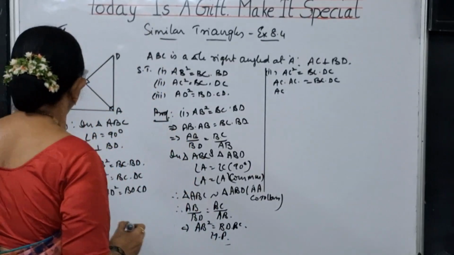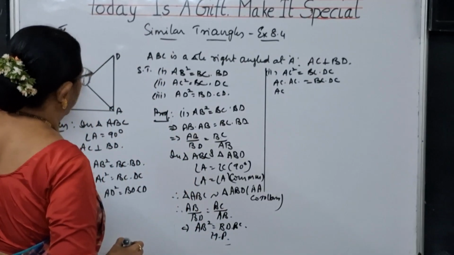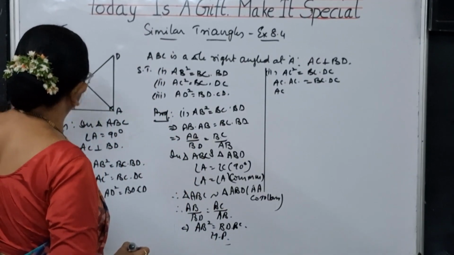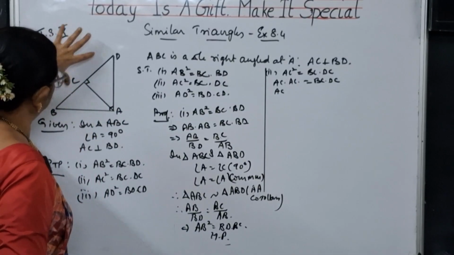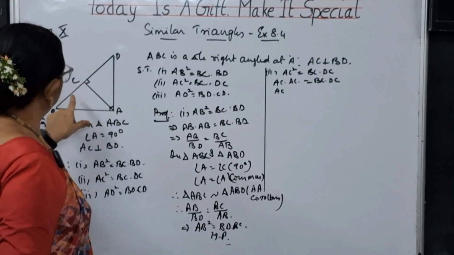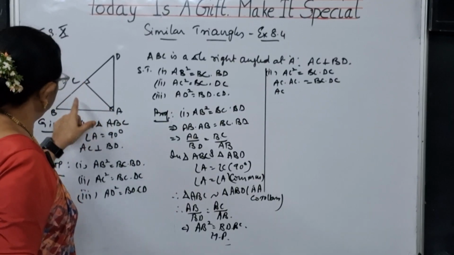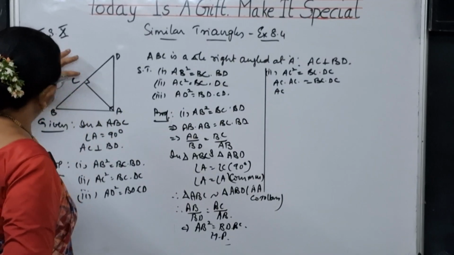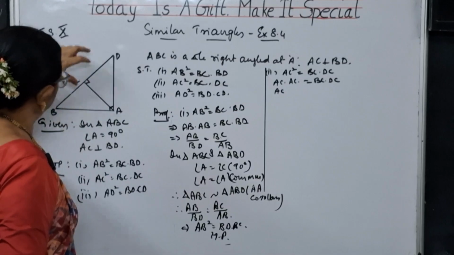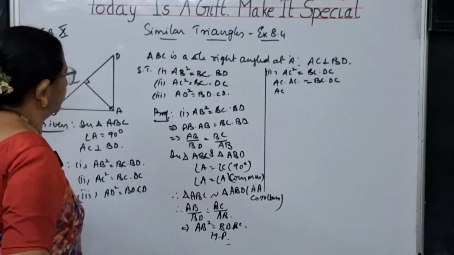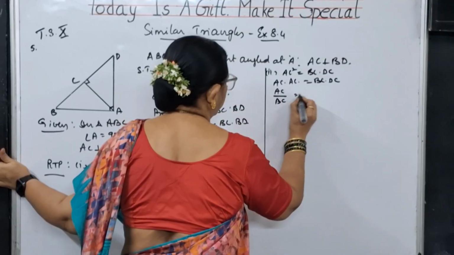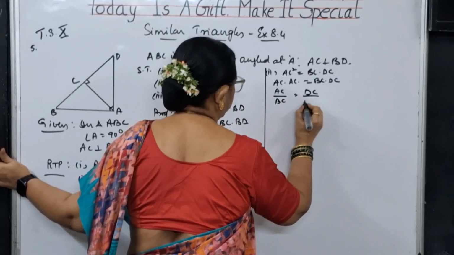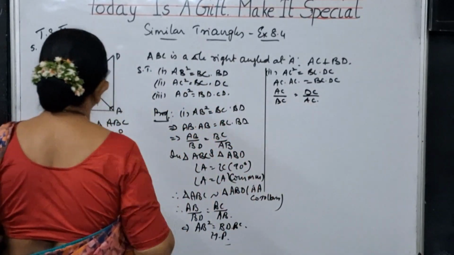AC is this, and BC, this is AC, and BC and CD. That means AC is the side of these two triangles, BC is the side of this triangle, and CD is the side of this triangle. So we need to prove that AC by BC is equal to DC by AC.